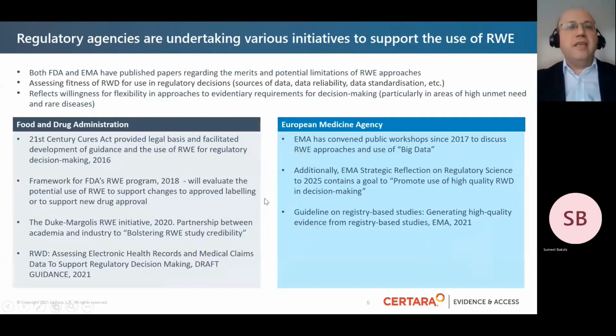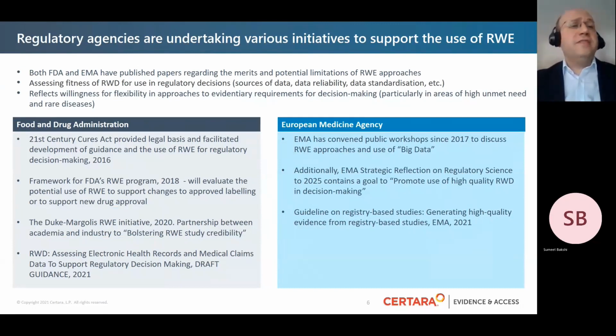Regulatory agencies have published a number of papers regarding the merits and potential limitations of evidence approaches, assessing fitness of real-world data for use in regulatory decisions, for example, in terms of evaluating sources of data, data reliability, and data standardization.